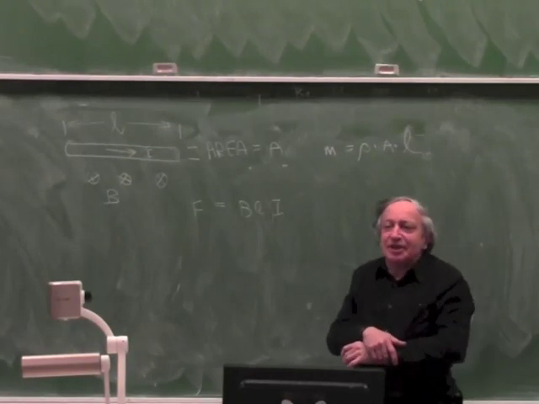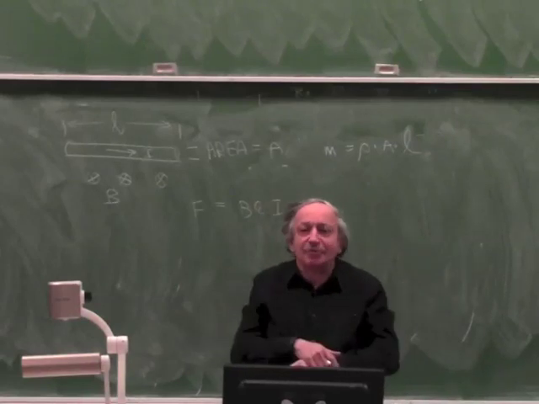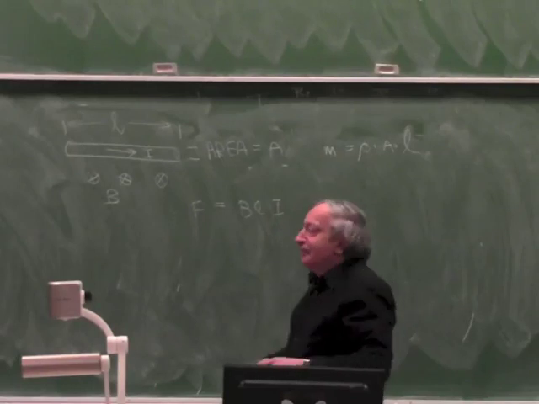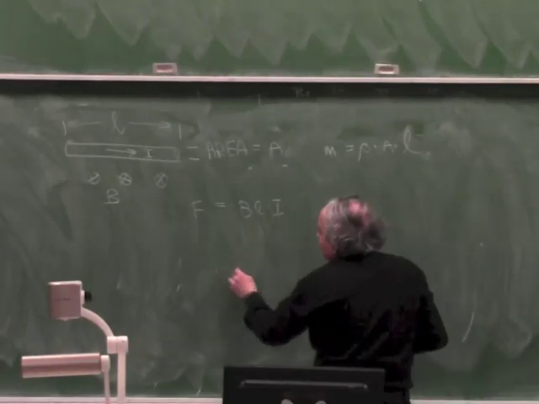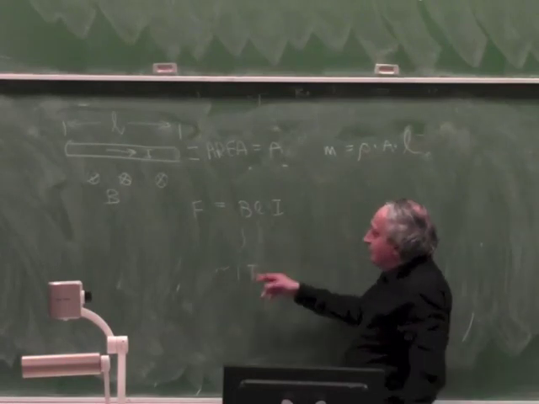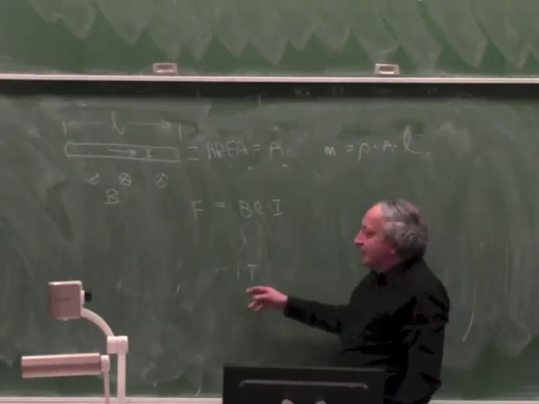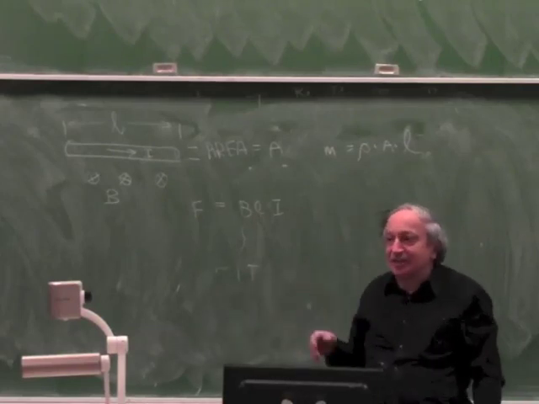The only exception is MRI machines, which have enormous magnets getting up to 3 Tesla. But any actuator you will build, you'll never get more than 1 Tesla. Most of the actuators you'll build will be less than 1 Tesla. For example, in a hard drive, B is about 0.8 to 0.9 Tesla.